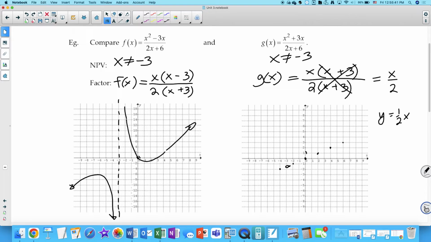On your calculators, that hole isn't going to actually look like a hole. It'll look like there's a line there, because on either side, you can get infinitely close to negative 3, and your eye can't distinguish the fact that there's no point there. But when we're graphing these by hand, we want to clearly show that there is a hole in the graph.